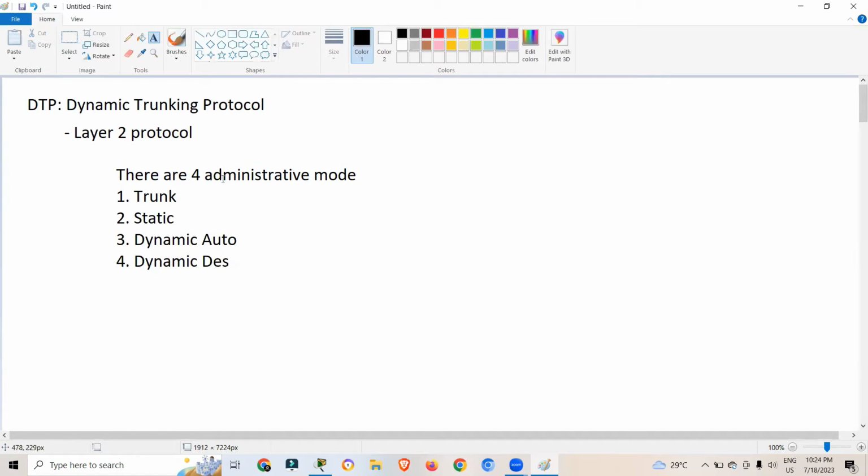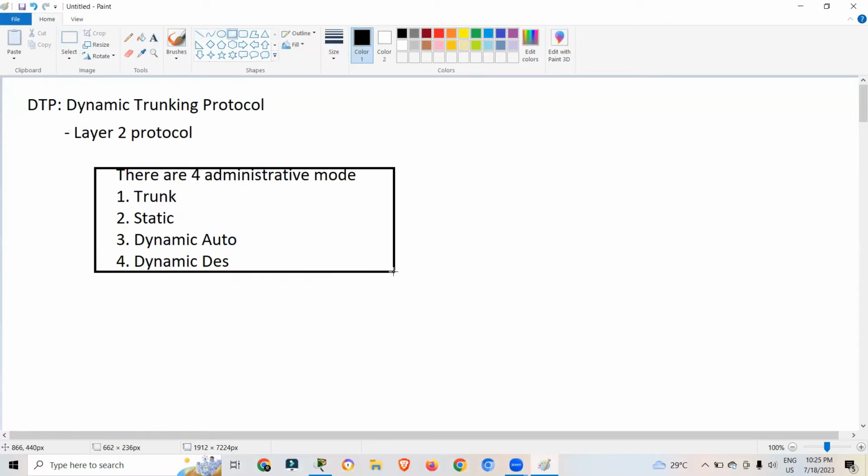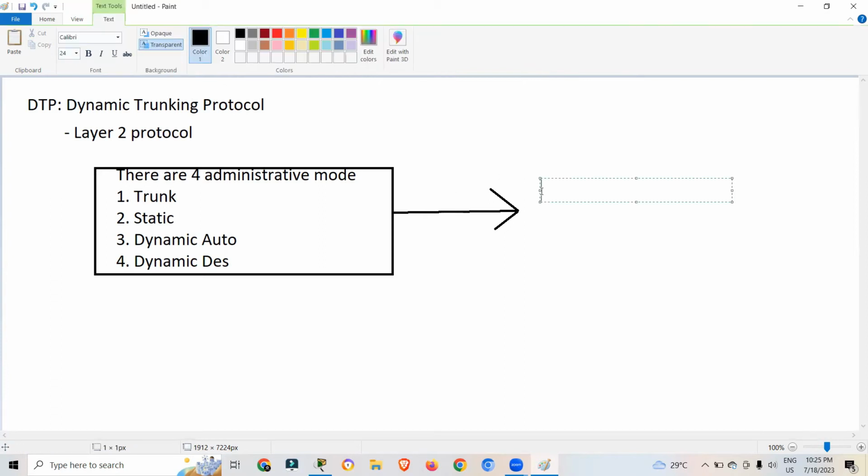So there are 4 administrative modes, and by the combination of these modes, like trunk plus static, trunk plus dynamic auto, trunk plus dynamic desirable, there will be an output. There are only two outputs of these combinations, and the possible combination will give an output: either it is trunk, or it is static access.